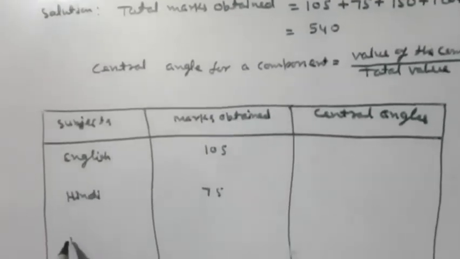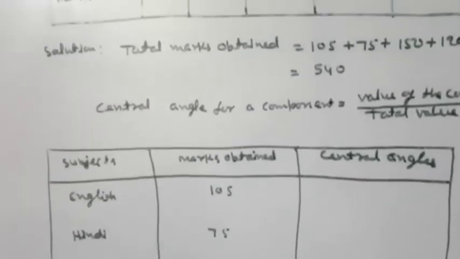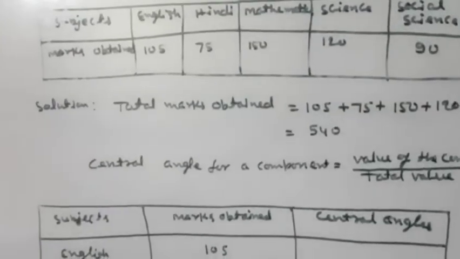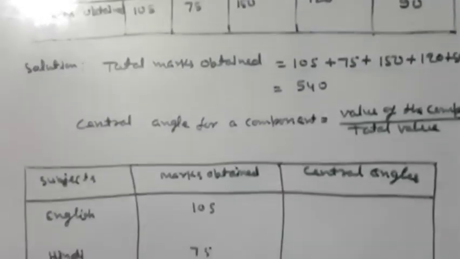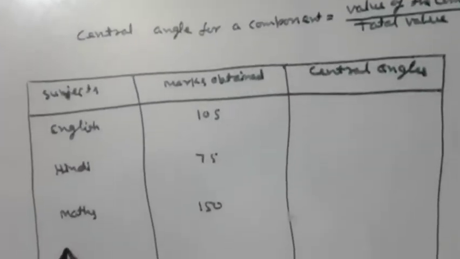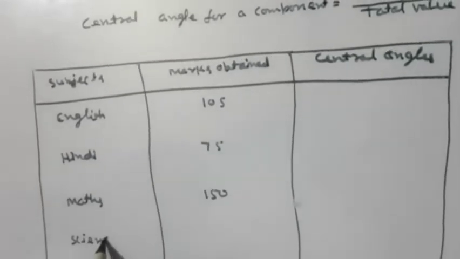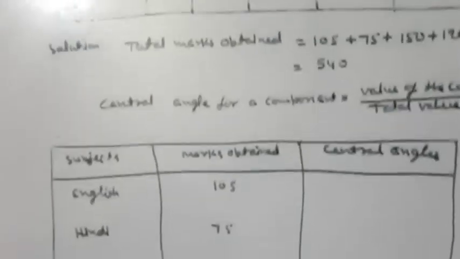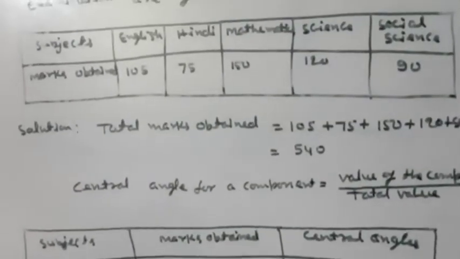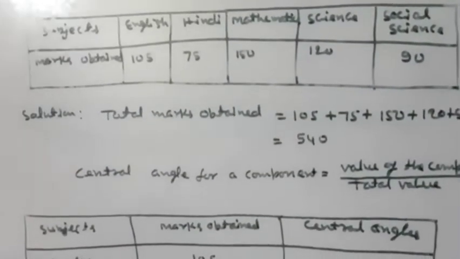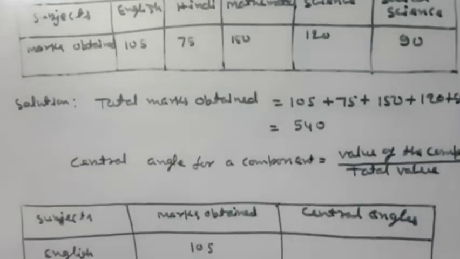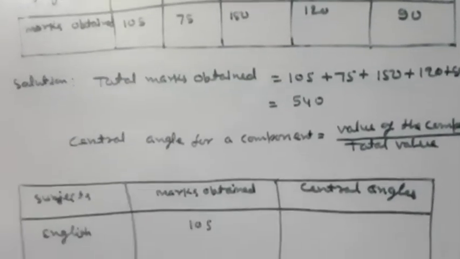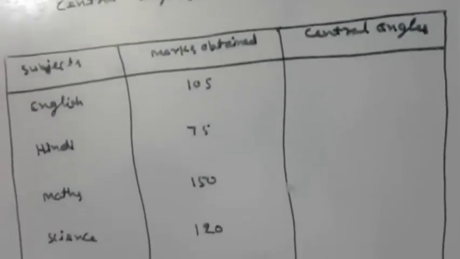Third subject is Maths, marks obtained 150. Science 120. Social Science 90.